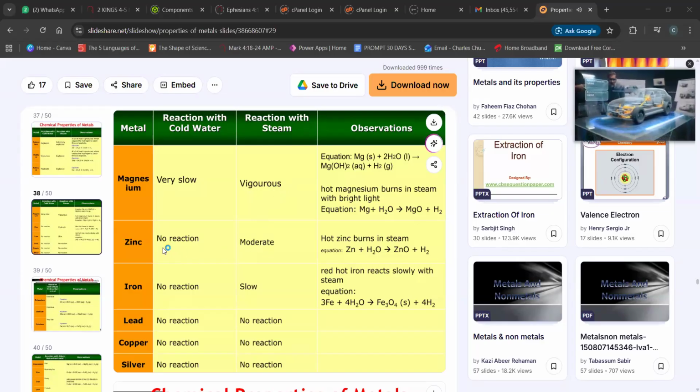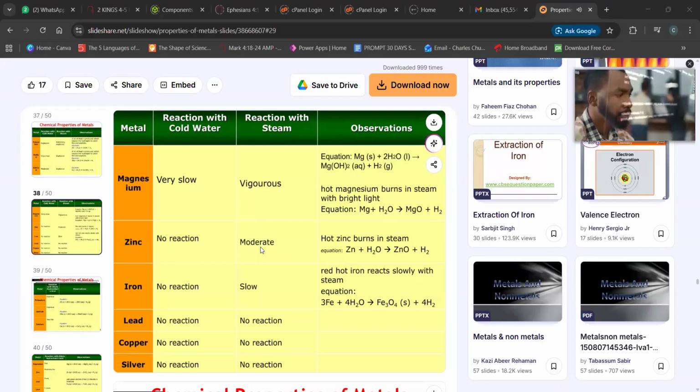Now, of course, you can see the case of zinc. Zinc doesn't even react with cold water, but its reaction with steam is moderate. Then the next one is iron. Iron doesn't react with cold water either.